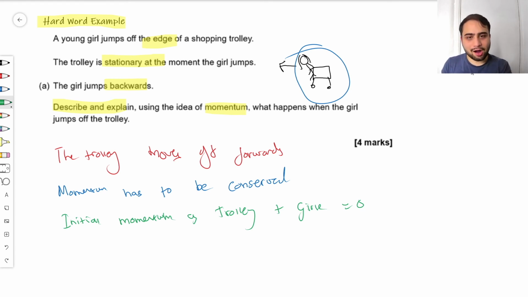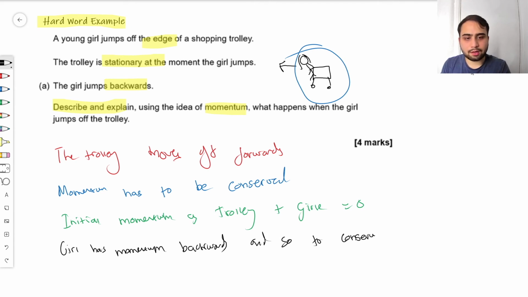Now, after the girl jumps off, the girl has momentum backwards, and so to conserve momentum, the trolley must have momentum forwards.